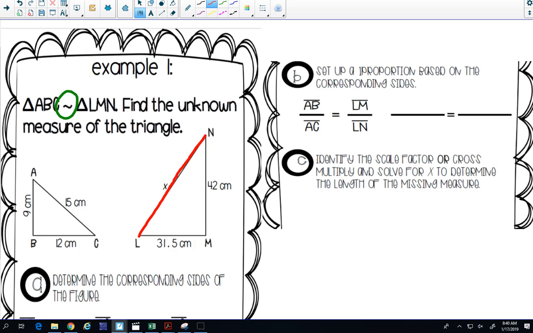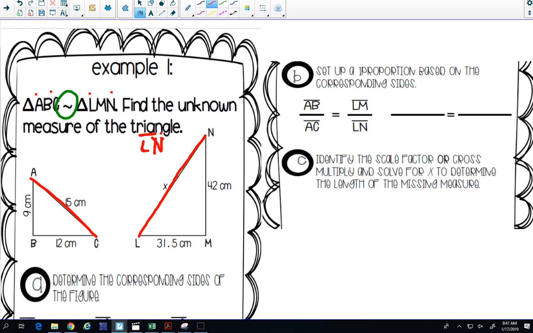This is side length LN. So I'm going to find out which side length goes with x. I'm going to look at the picture as well as the letters. LN goes with AC. And it's pretty obvious from the picture too. It's that long diagonal side length of both shapes. So those 2 go together.